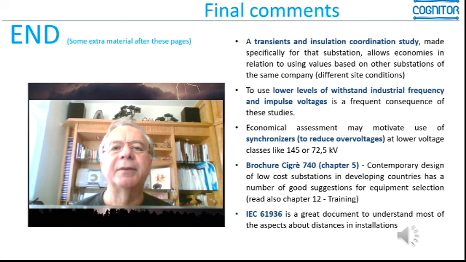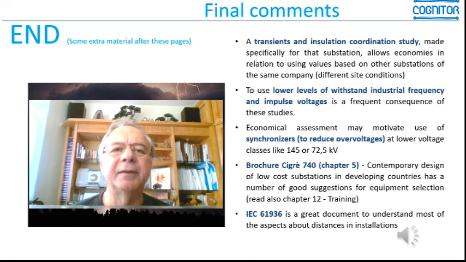The economical assessments may motivate the use of synchronizers, which are, as we explained, devices to reduce overvoltage. Normally, these equipments are used in systems of 230 kV and higher. At this level, people understand that the cost of the equipment is not comparable to the cost of the circuit breakers or the protection means that we have in the system.